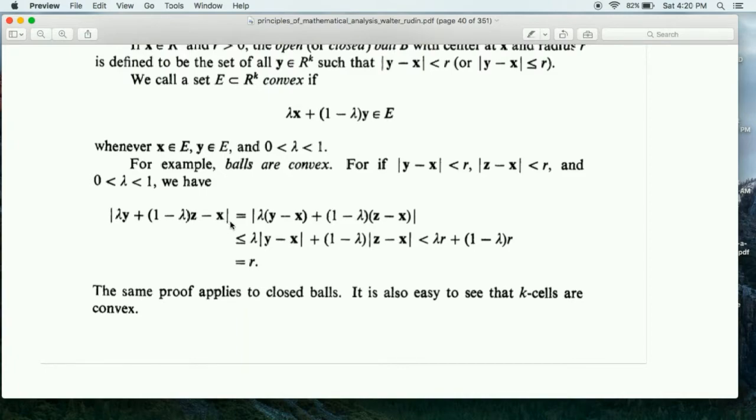Now after rearranging, we get lambda (y minus x) plus (1 minus lambda)(z minus x). And this, by the triangle inequality, is less than or equal to lambda mod of (y minus x) plus (1 minus lambda) mod of (z minus x), as lambda and 1 minus lambda can be pulled out. The first expression we know to be less than lambda r, because the norm of y minus x is less than r, because they lie in a ball.